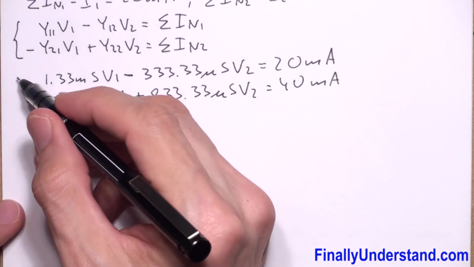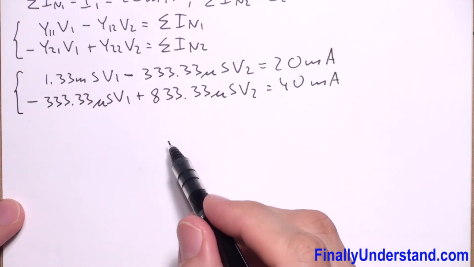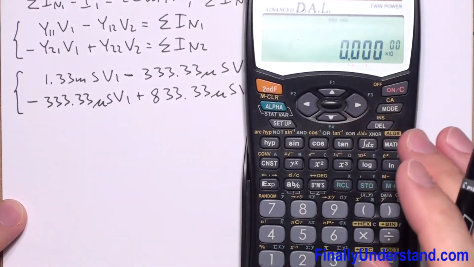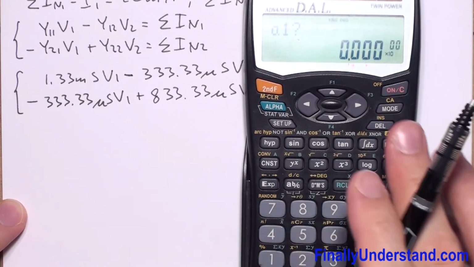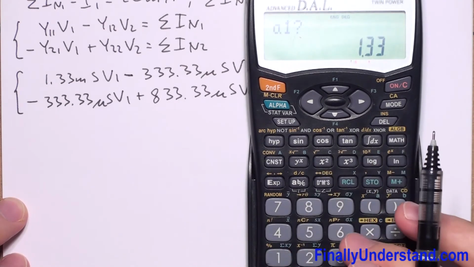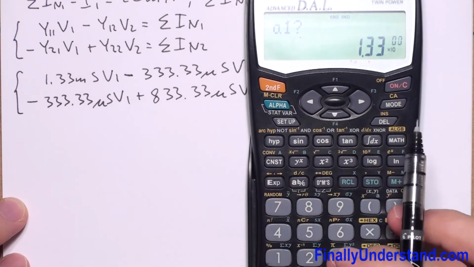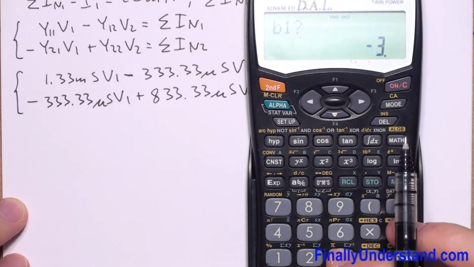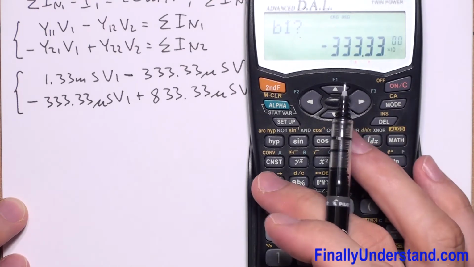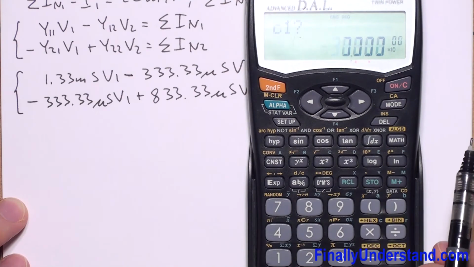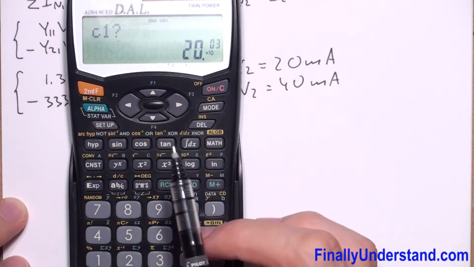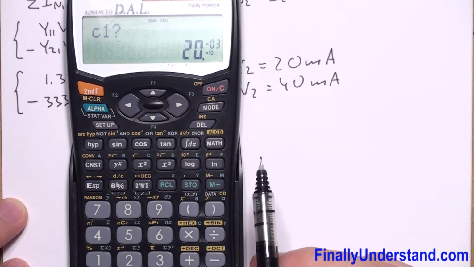So as you can see, I obtain two linear equations, and I'm going to use the calculator to find the values of v1 and v2. So I have 1.33 exponent 3 negative, 333.33 exponent 6 negative, and I have 20 exponent 3 negative.